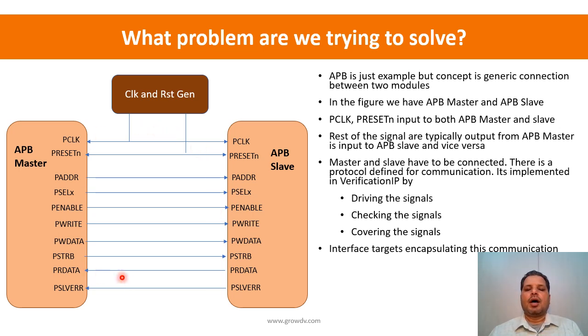That is the type of activity that will happen from a verification point of view on this set of signals, and the interface construct is targeting to encapsulate this communication. That is the problem that the interface construct is trying to solve.